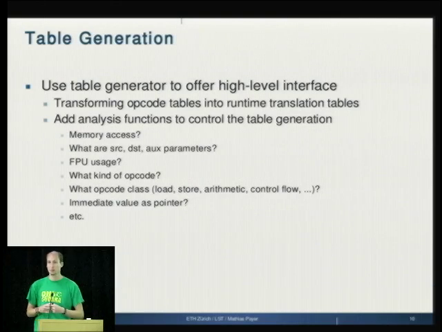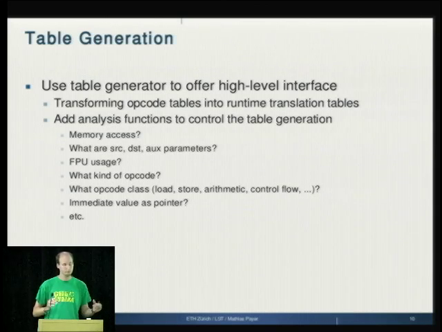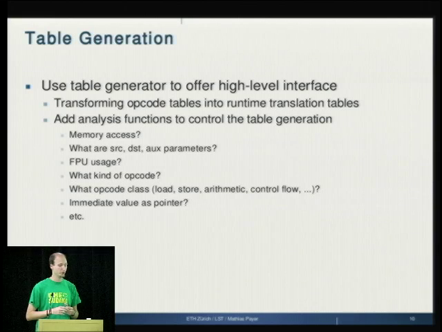What's actually possible to offer for such a compile time high-level interface? We can offer different transformations based on these opcode tables that catch memory accesses. Does this instruction access memory? What are the source, destination, or auxiliary parameters? Is it a floating point instruction, an SSE instruction? What kind of opcode is it?